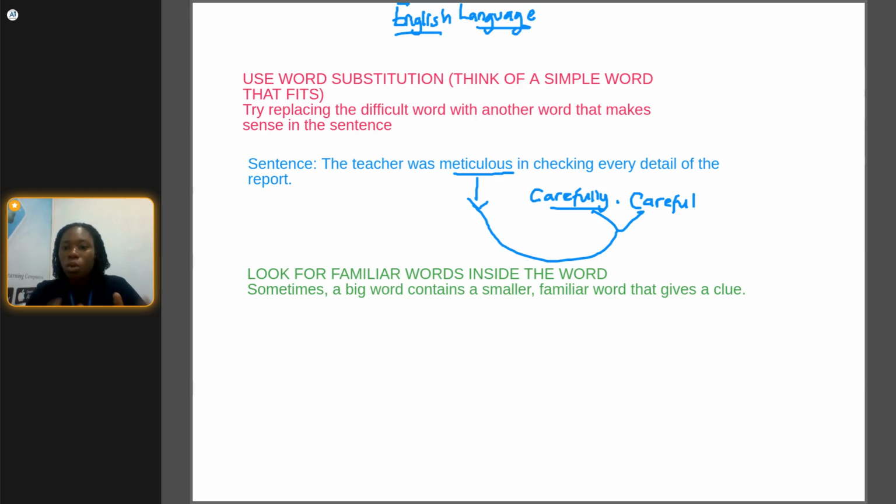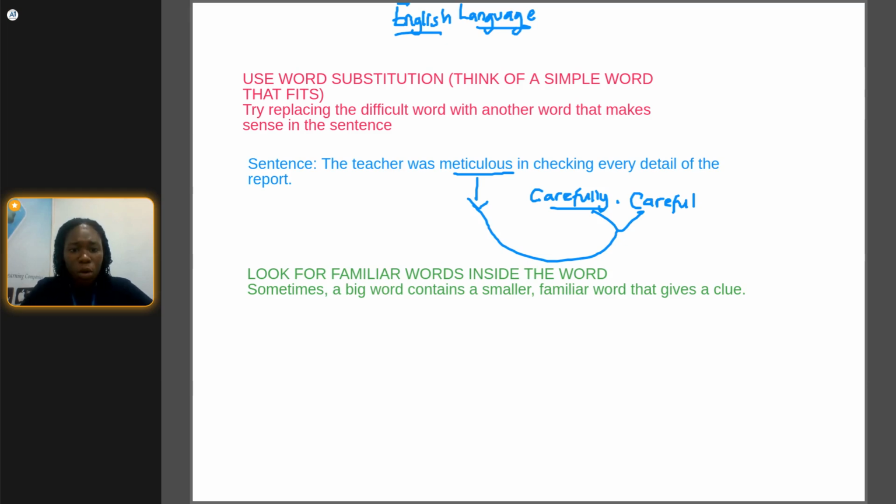And if you know what it means to get a clue, it means you're not getting the answer, but you are getting a hint to the answer. So you have to be very careful. Once you find a familiar word inside a big word, determine what the familiar word means, and then from there, you can proceed to knowing what the big word is.